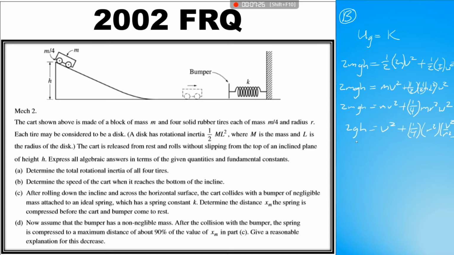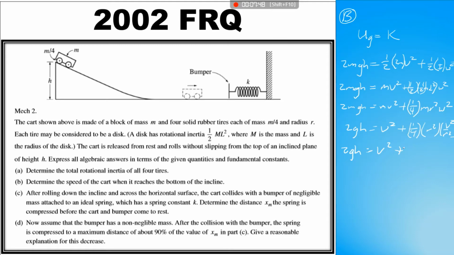So this should be 2gh is equal to v squared plus 1/2 v squared.